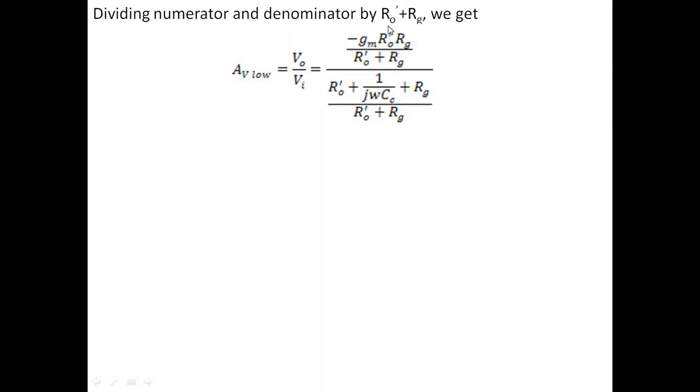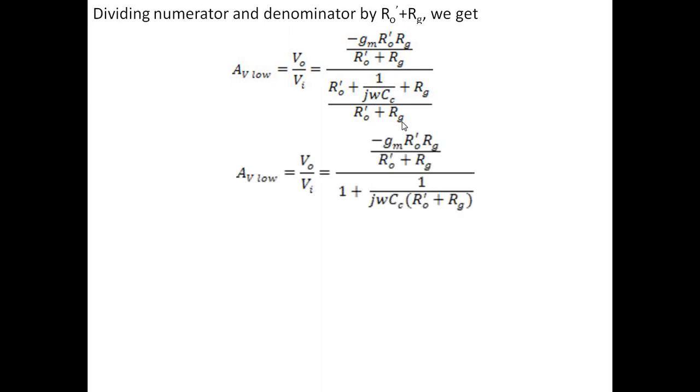Now this is a parallel combination of R0 dash and RG. R0 dash plus RG becomes 1 plus 1 by j omega CC into R0 dash plus RG. This is the simplified version of the equation. We know that R0 dash is the parallel combination of small rd and capital RD.